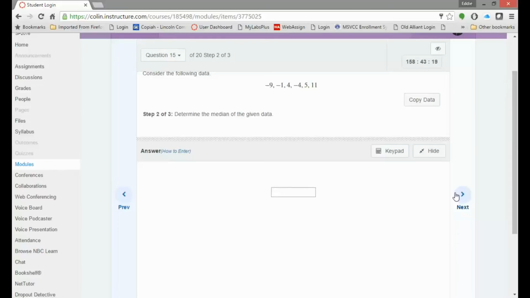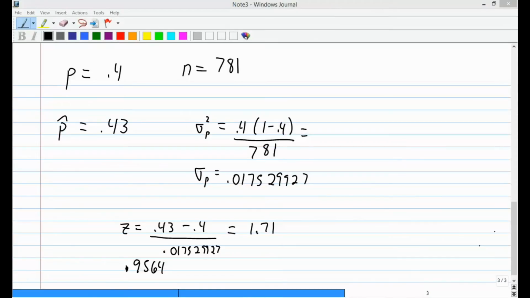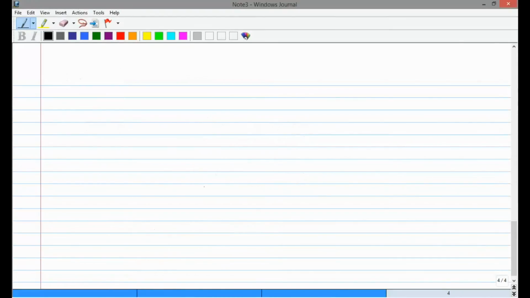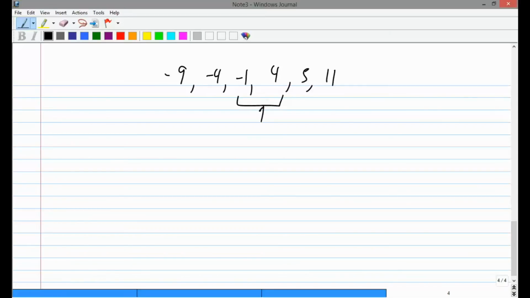Determine the median. Well, we need to sort the data items for the median. So that is -9, -4, -1, 4, 5, 11. We don't have a middle term, so we add those two together and divide by 2.